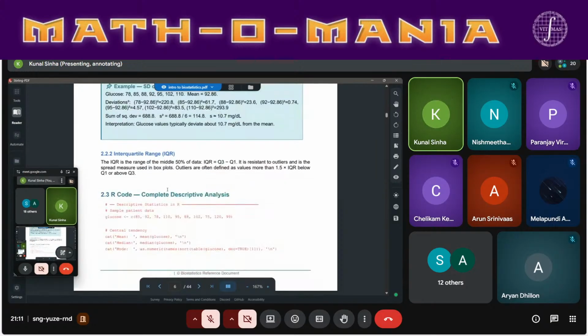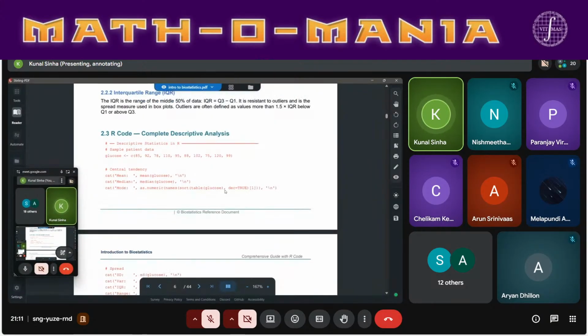Now, interquartile range is basically the distance between quartile 3 and quartile 1 when you're calculating quartiles. I hope everybody is familiar with quartiles. It's a pretty basic topic that is taught in 11th and 12th classes as well.